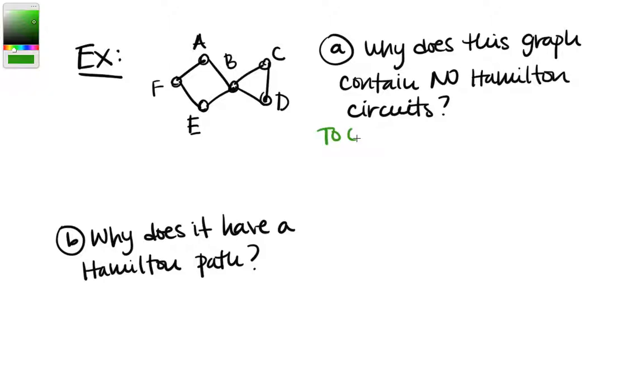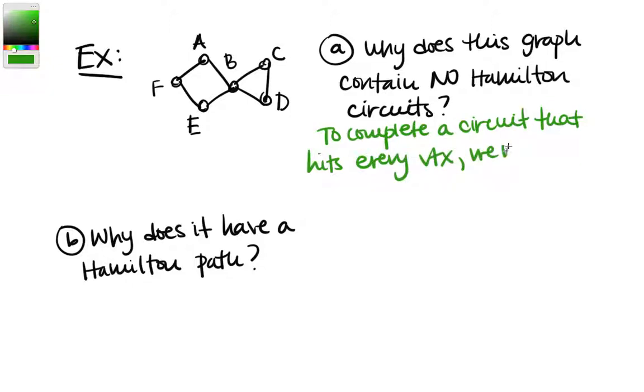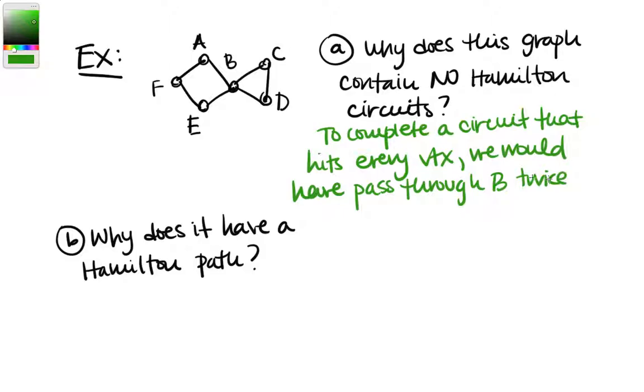To complete a circuit that hits every vertex, we would have to pass through B twice. And in a Hamilton circuit, you're not allowed to repeat vertices.